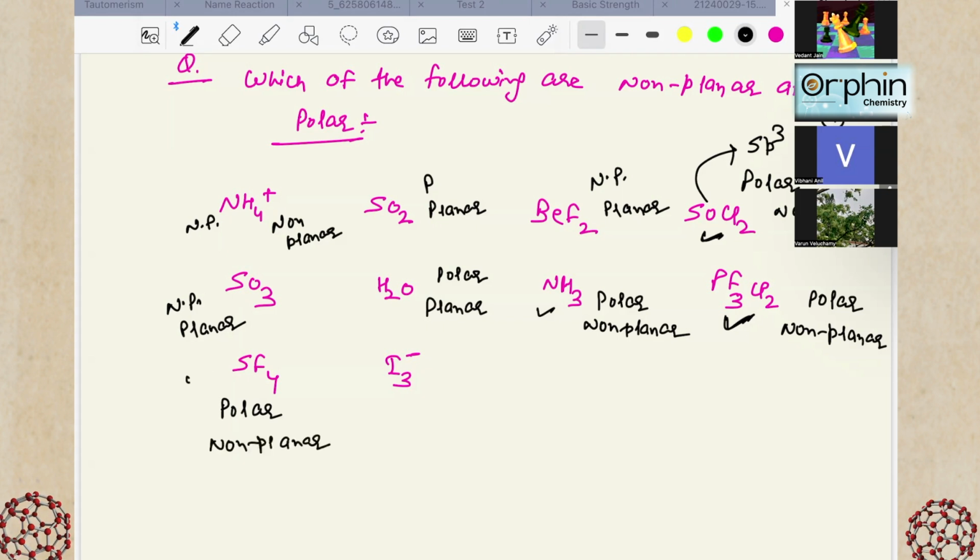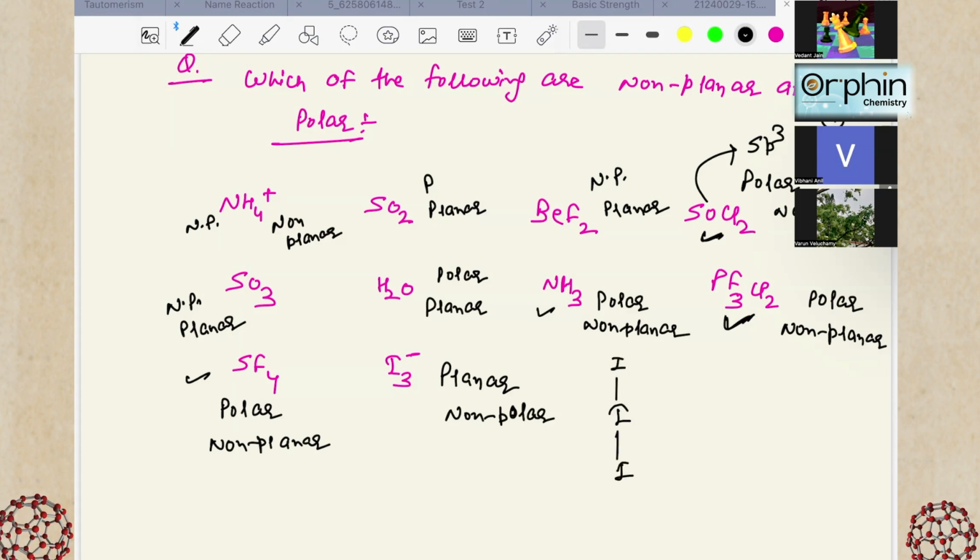So this is again our answer. I3 minus is planar. And it is non-polar because the dipoles are equal and opposite. It is linear, right? We have seen it. So the dipoles will be cancelling each other. So non-polar and planar, right? So this is again not the answer. So 4 is the right answer.